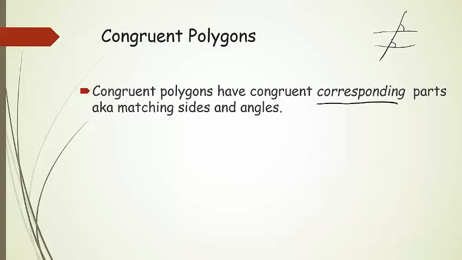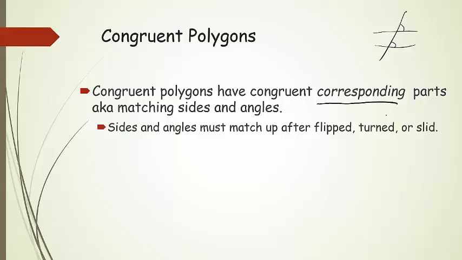We're going to learn a different version of corresponding today. Basically, corresponding means if I were to line the shapes up, fit them over top of each other perfectly, what pieces would match up? And we'll see that in an example. I won't go too in depth into it right now. But basically, your sides and angles of a polygon must match up completely after the polygons are flipped, turned, or slid.